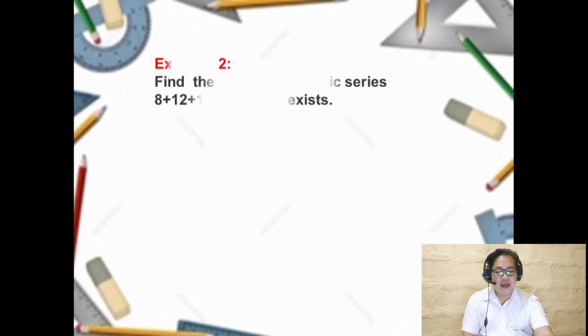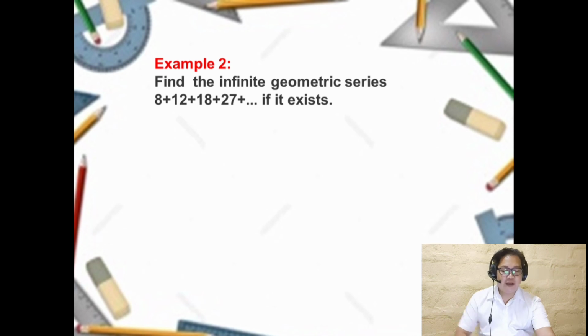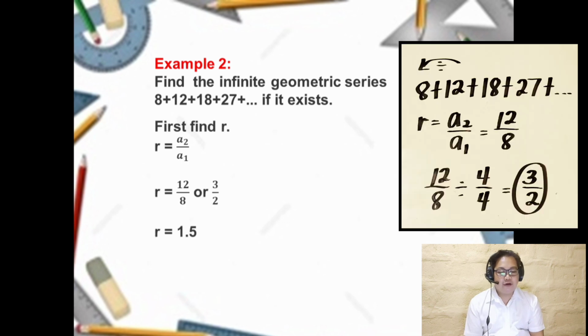Another example, find the infinite geometric sequence of 8 plus 12 plus 18 plus 27 plus so on and so forth if it exists. Paano natin malalaman kung nag-exist daw ito? Una, first, find r. Again, pakuha natin ng common ratio, second term divided by the first term.